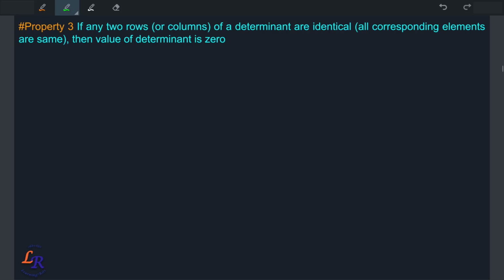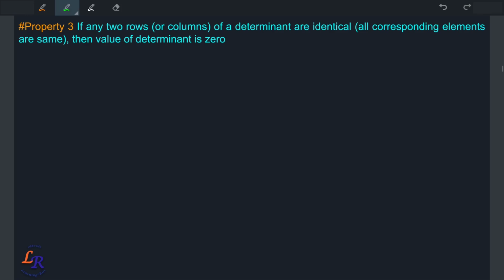Now let's see the third property. If any two rows or columns of a determinant are identical, meaning all the corresponding elements are the same, the value of the determinant will be 0. That's interesting: if you find such a property, you can immediately say the value is going to be 0.